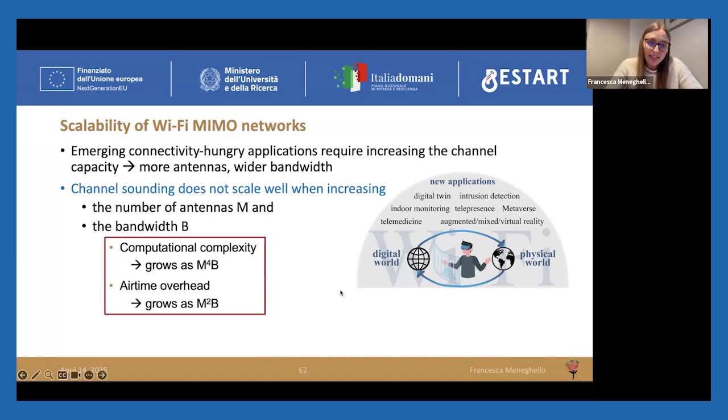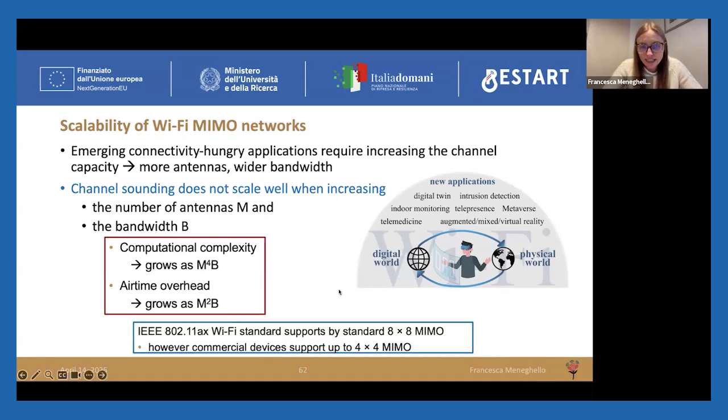And in fact, while in the Wi-Fi 6 standard, so the 802.11ax, in principle, the devices should support up to 8x8 MIMO, commercial devices only support 4x4 MIMO.